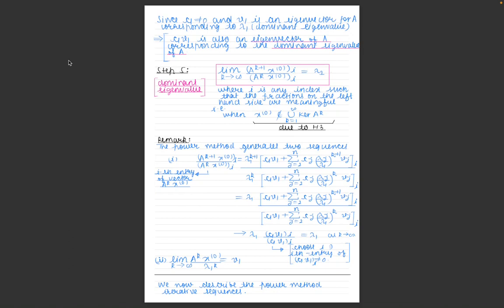Ith entry means ith entry of the vector A^k x naught. Okay, this precisely means this. It's ith entry, it's ith entry also.